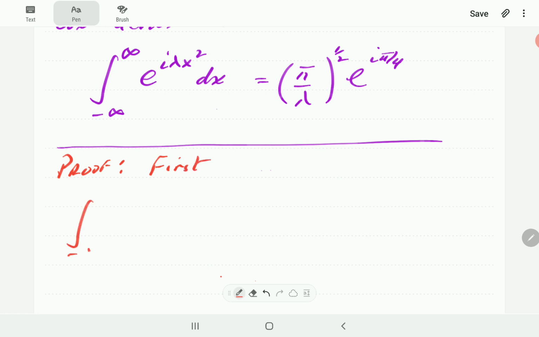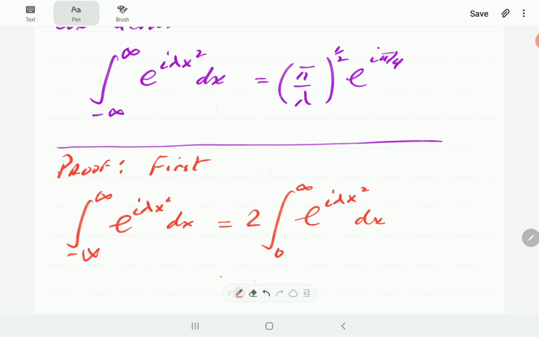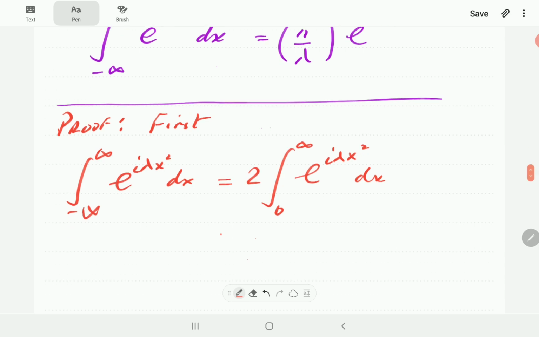So we're going to note that since this integral is even, we can write this as 2 times the integral from 0 to infinity of e to the i lambda x squared dx.